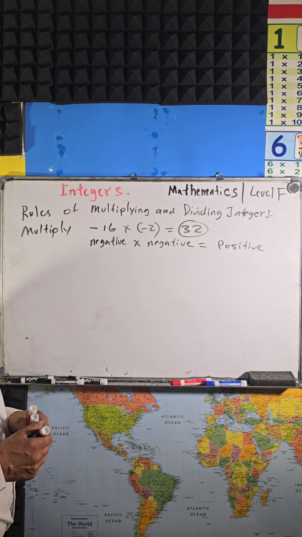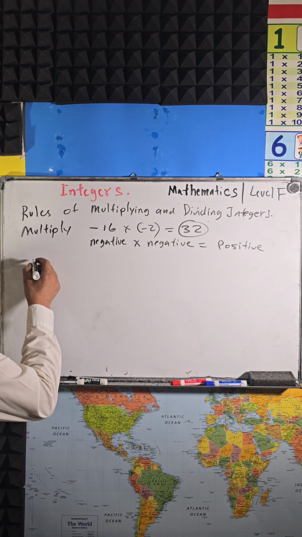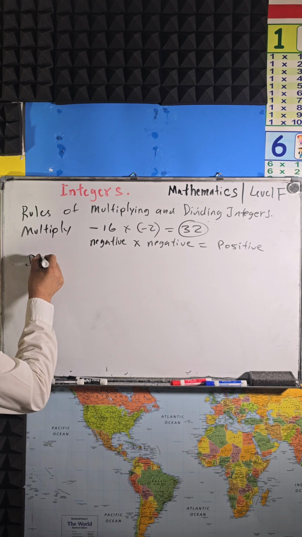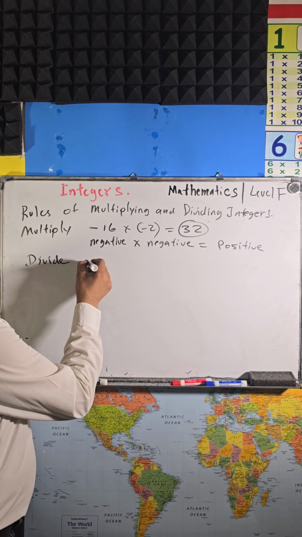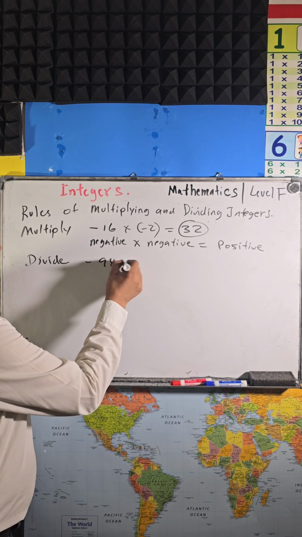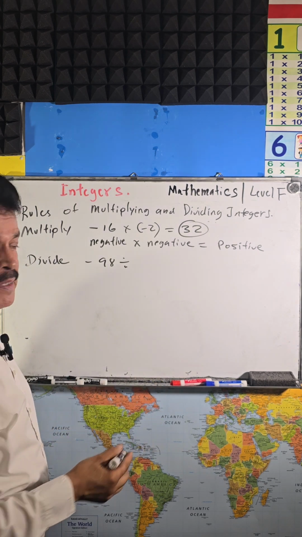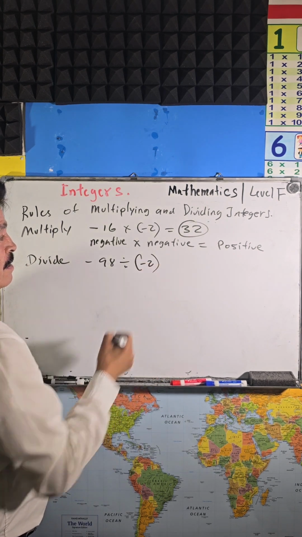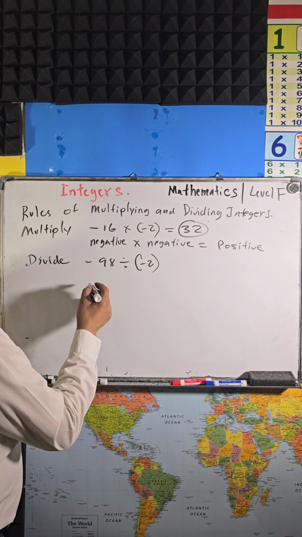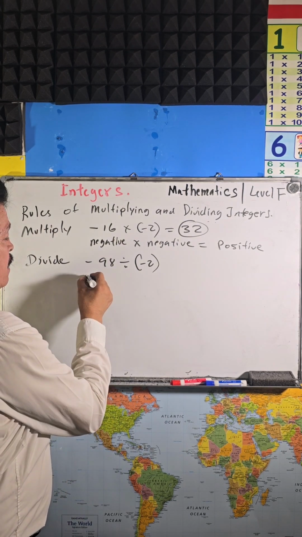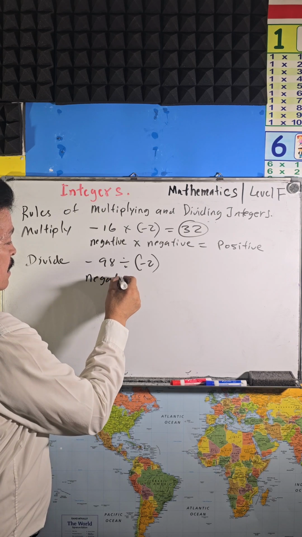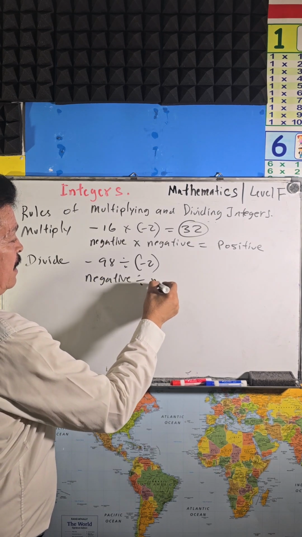So let's write, or divide. So divide. It's the same thing. We have to divide negative 98 divided by negative 2. Okay. Also, negative here. So this is negative divided by negative.